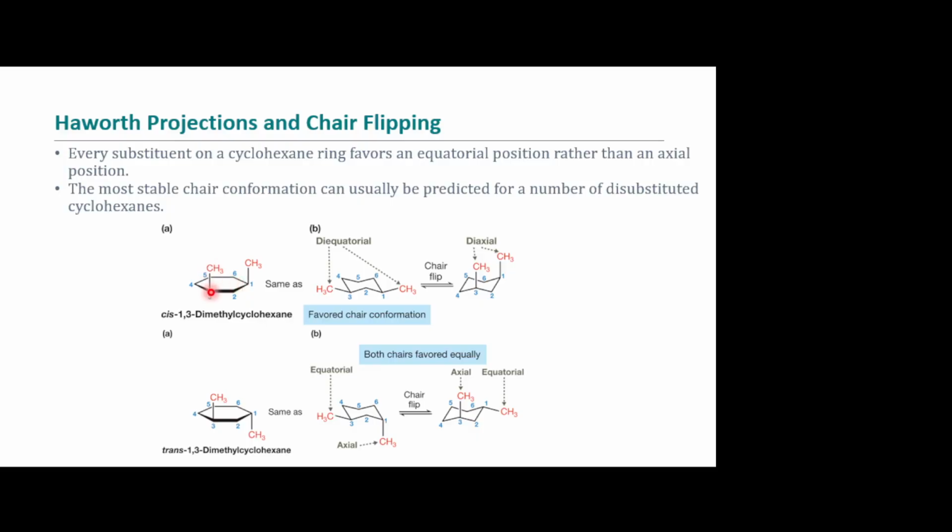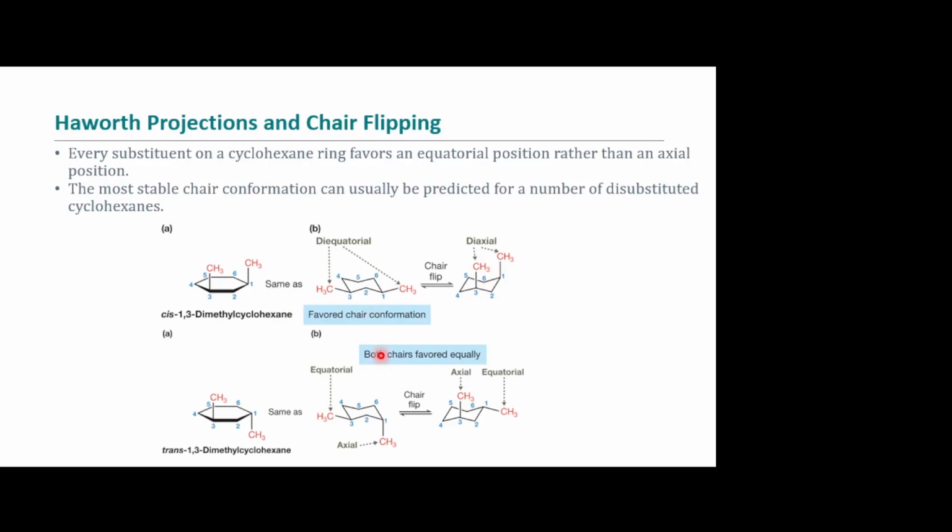They have to alternate on this six-membered ring. So this is our favored chair conformation, where they're diequatorial. Notice if we do a chair flip, it puts them both axial. So we get the diaxial, and that's going to be heavily disfavored. That's the highest energy conformer right there.